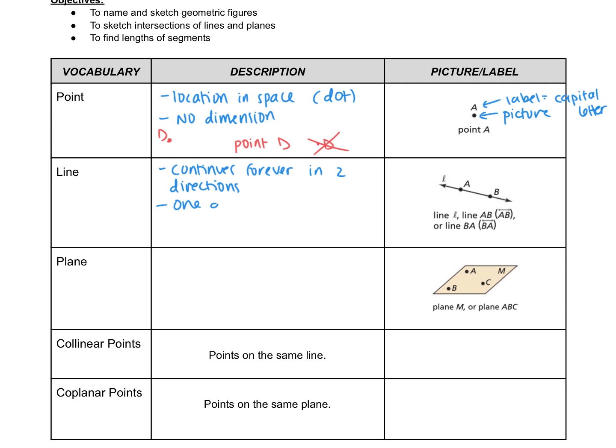It has 1 dimension. And any 2 points form a line. So if I give you 2 points, there is some line that connects them.